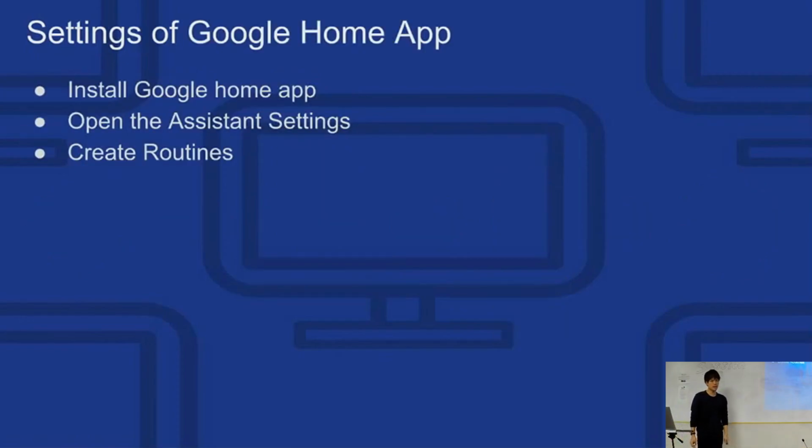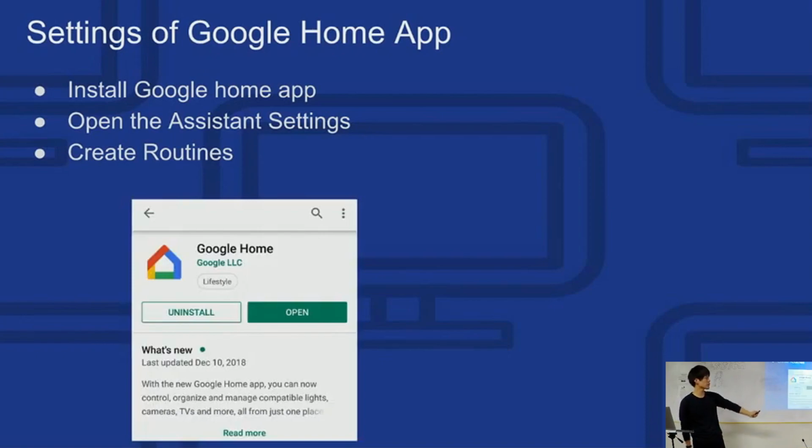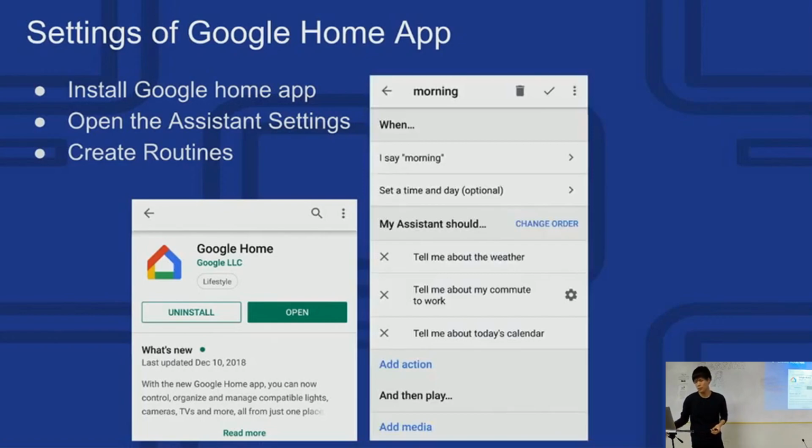And in this case, you just change the settings of your Google Home application. So first, install the Google Home application and open the assistant settings. You can create routines, and a routine consists of some actions. This is a routine example, and a routine consists of some actions.